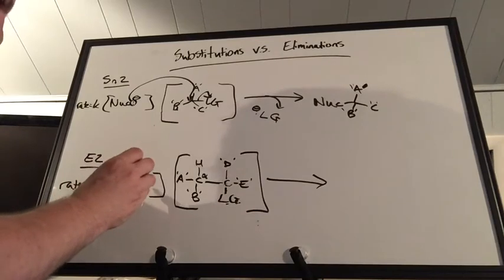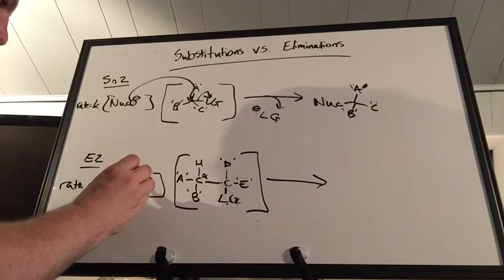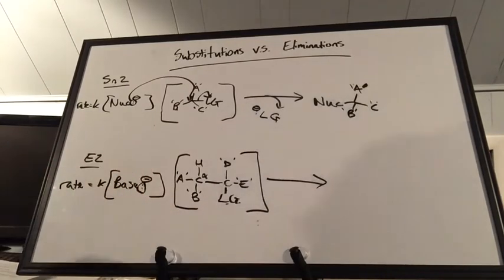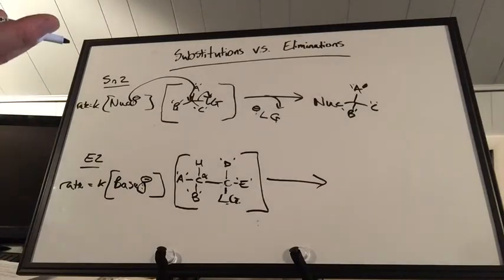Okay. Now, conversely, let's think about elimination now. So this is a different type of mechanism. So eliminations tend to occur at higher temperatures in that they actually form an additional species from what you started off with.